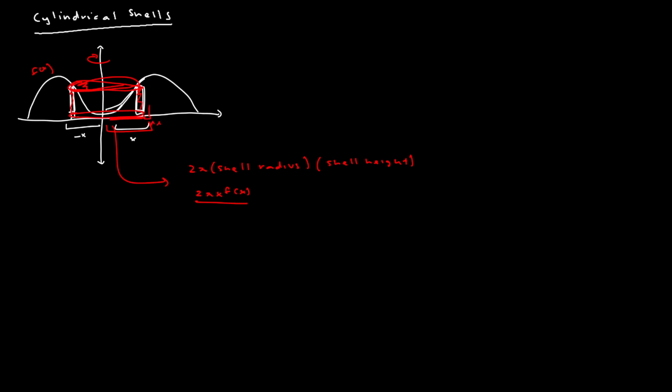Then you can think about me adding an infinitesimally small volume that represents a slice of volume in my larger figure. So now I have this cross-sectional area determined by 2 pi x f of x, and then I'm adding this dx for the volume.